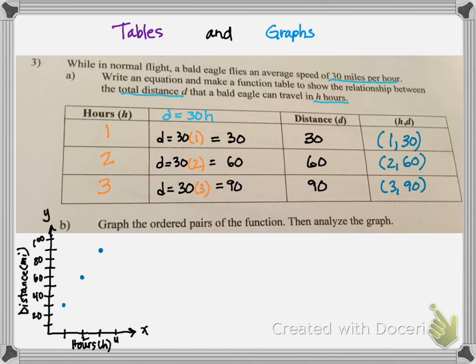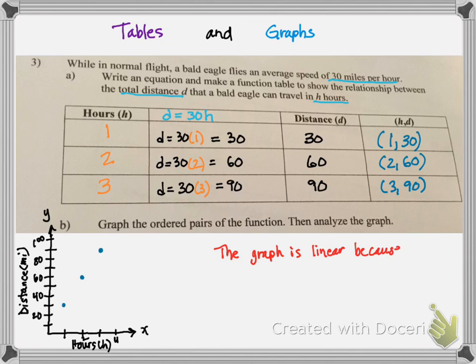And so now what we're going to do is talk about what the graph looks like. Okay, so we're going to analyze. And we're going to say, well, first thing, that looks like a line. So we're going to say the graph is linear. And we're going to tell them why we say that.